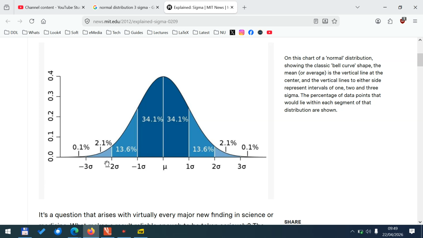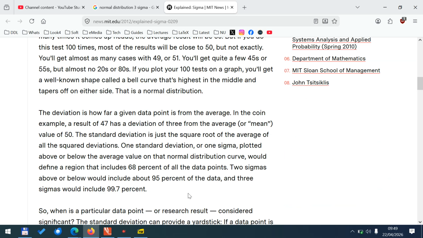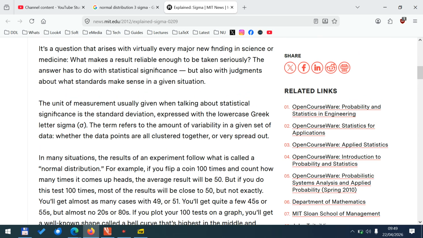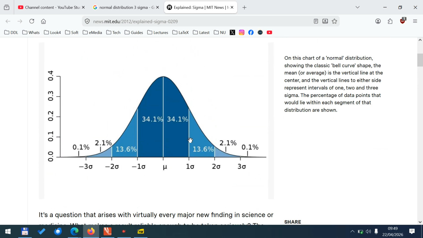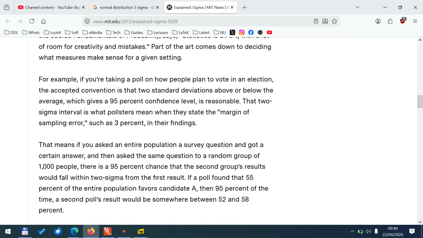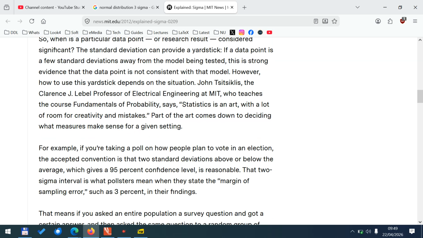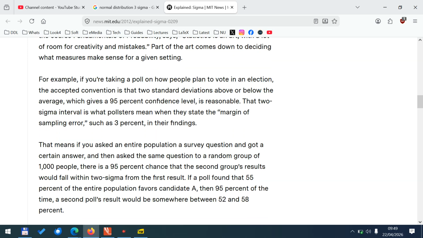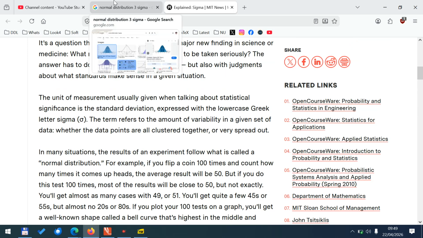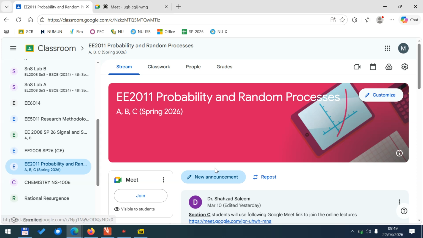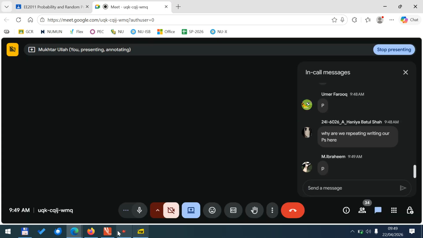If you add all these four values, I cannot do it in my head, but you can imagine it will be larger than 90. And if you add the remaining, it crosses 99 point something. So one is 99.7 and the other is 95.